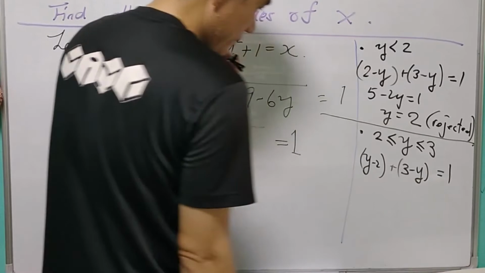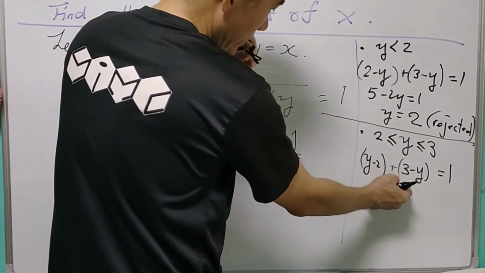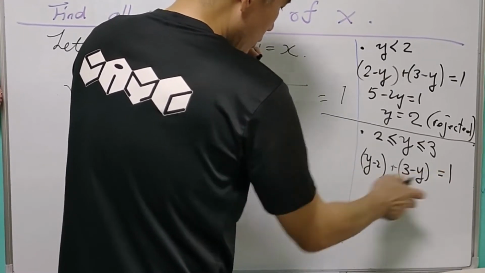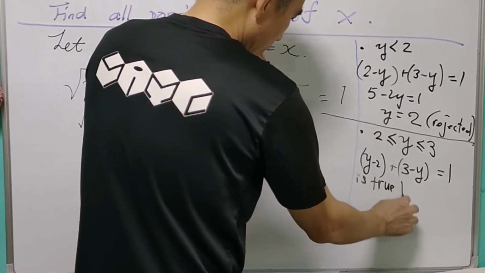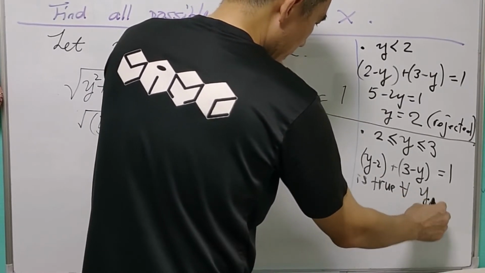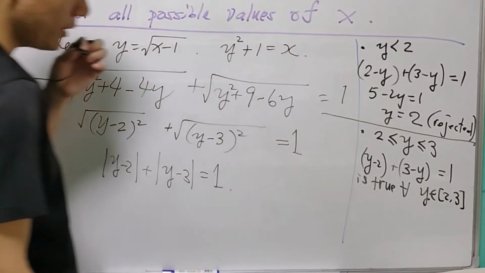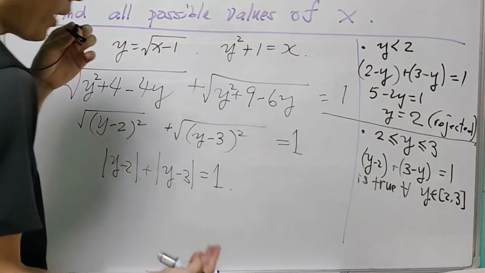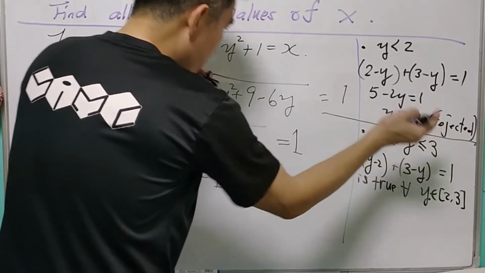Now we can see that the left hand side is y minus 2 plus 3 minus y, which equals 1. This is always true. It's true for all y in this interval.